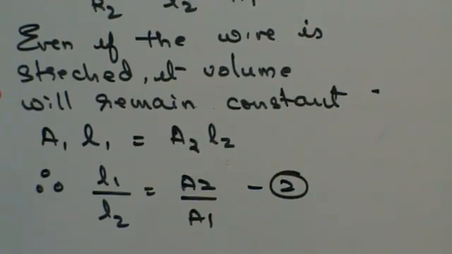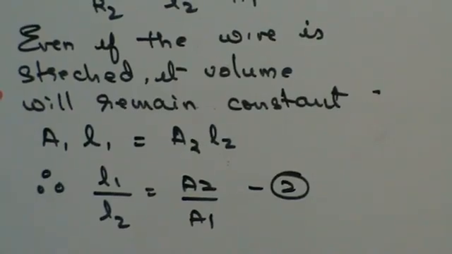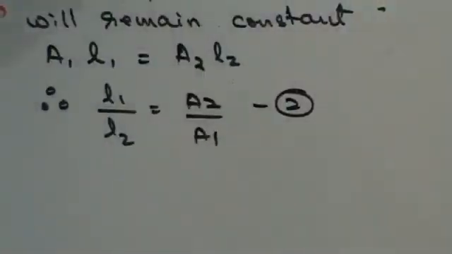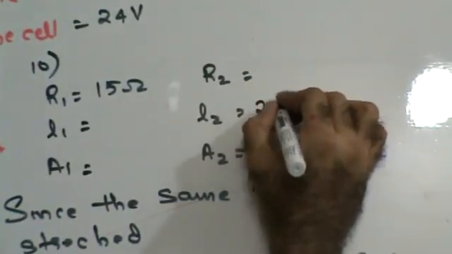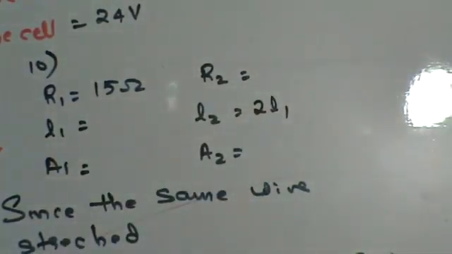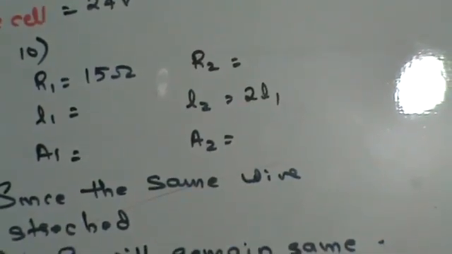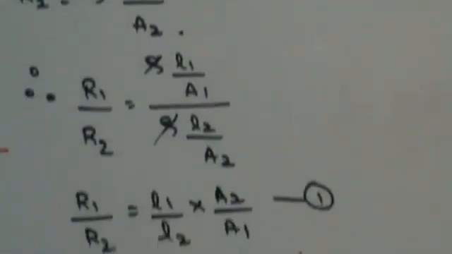They have given you that the length of the wire is doubled. That means L2 is twice L1. Now substitute equation 2 in equation 1.